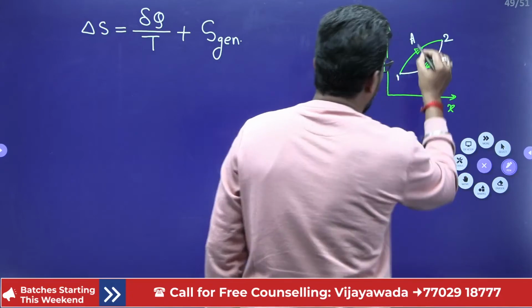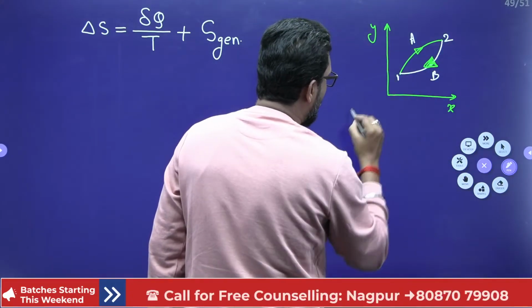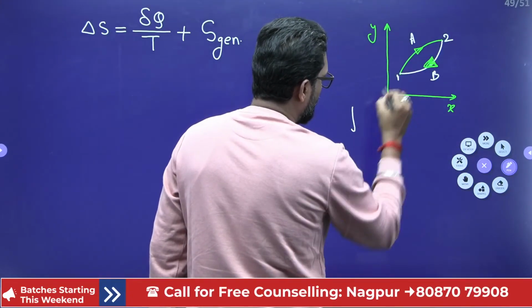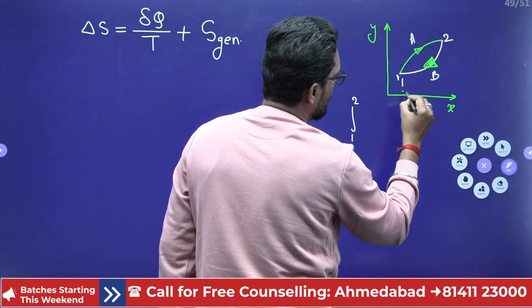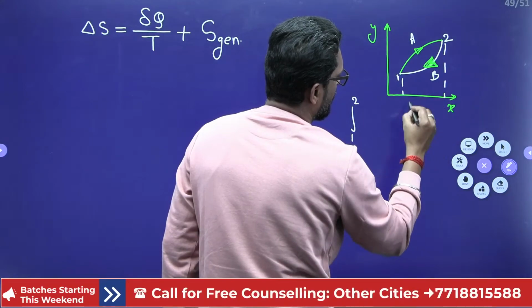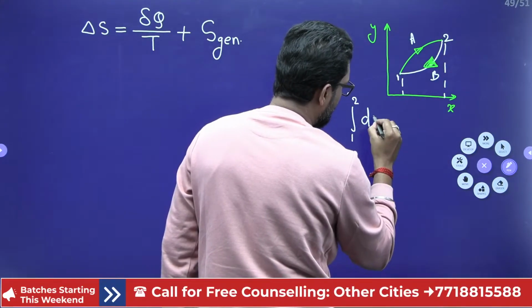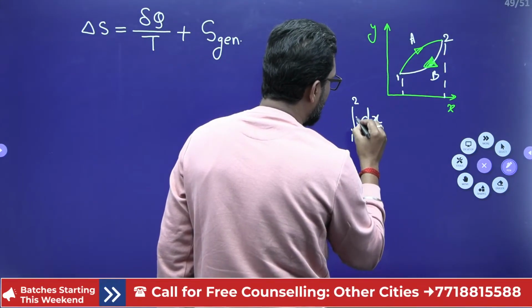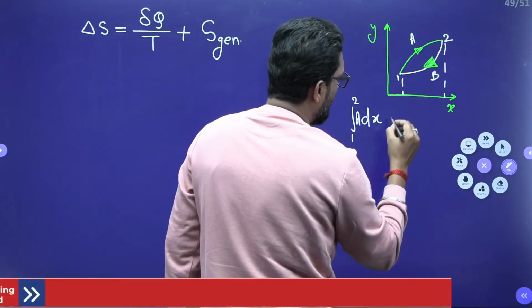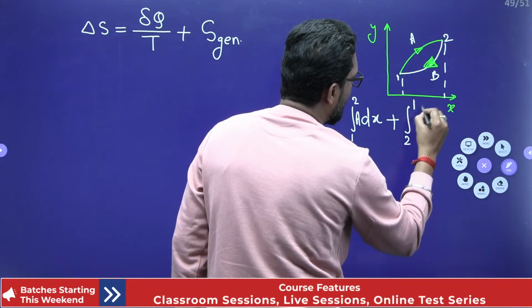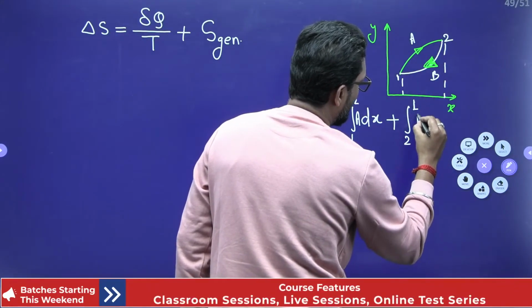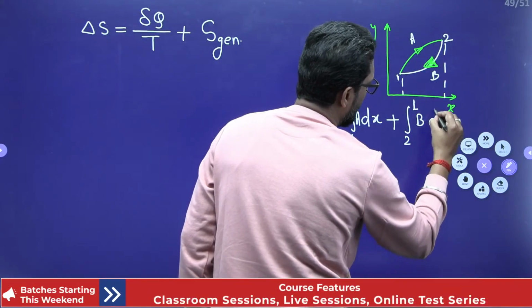So, if we write the path, to integrate 1 to 2 some quantity, let's suppose dx for the path A, right, plus 2 to 1, this is a cycle rule, for the path B dx.